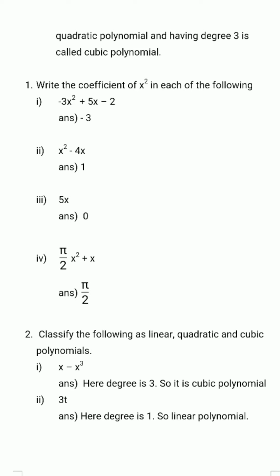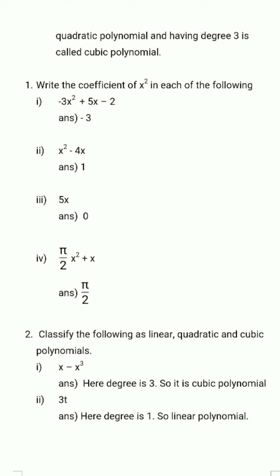Degree 1 is linear, degree 2 is quadratic, degree 3 is cubic. Degree can be more than 3 also, but we are studying only these 3 names now. Higher degrees like 4 and 5 also exist, but for you only up to degree 3 will come.